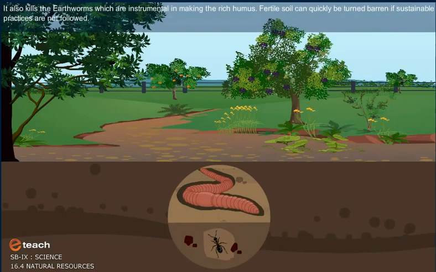It also kills the earthworms, which are instrumental in making the rich humus. Fertile soil can quickly be turned barren if sustainable practices are not followed.